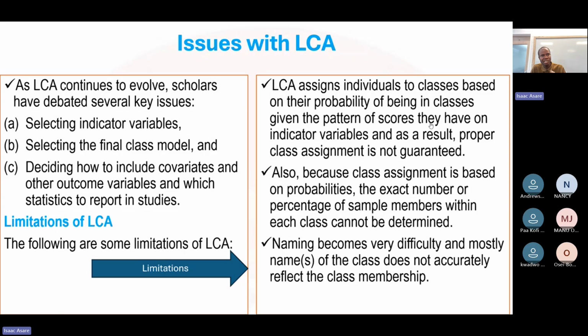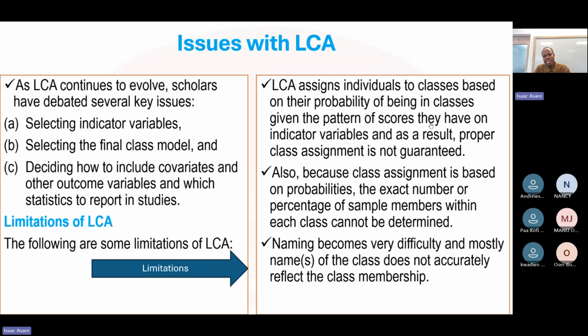So if I see 0.4, which is 40%, then I have to go and calculate 40% of the population, which is quite difficult, especially if you have a very huge number of items in your study. So this is another kind of limitation that you are likely to face when it comes to the usage of the technique.